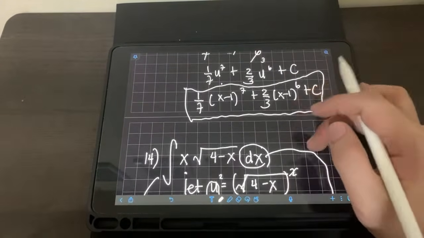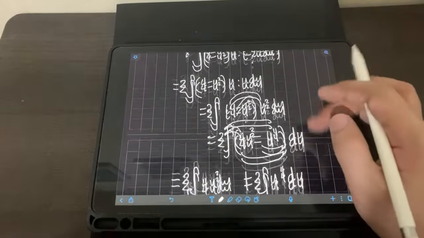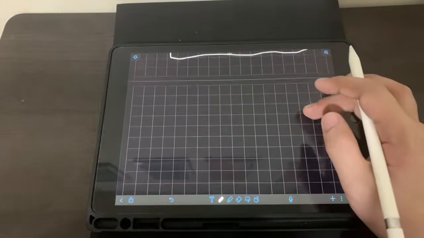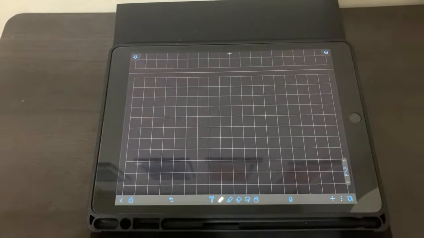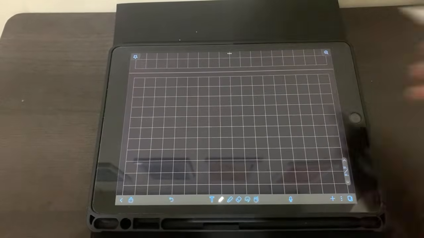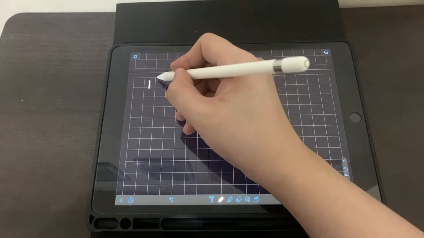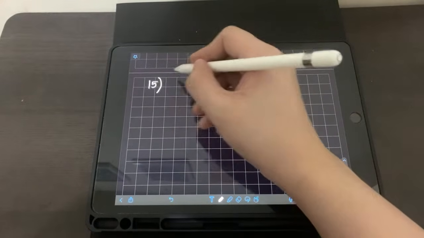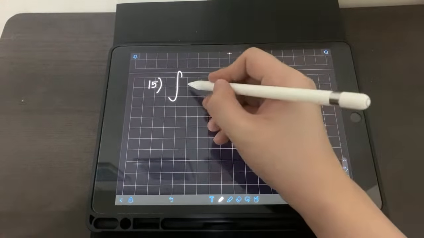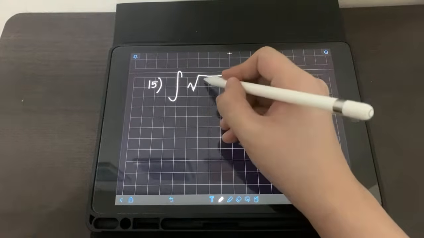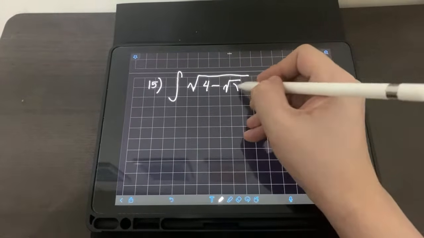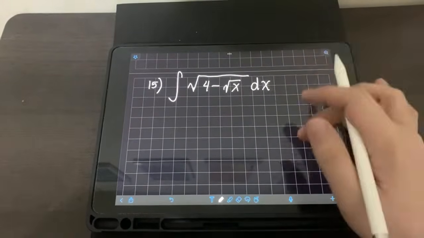Okay, so that was problem 14. Let's have the 15th, the last one. Integral of the square root of 4 minus square root of x dx.